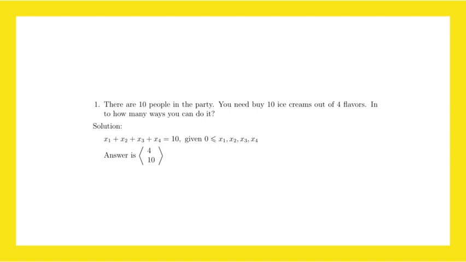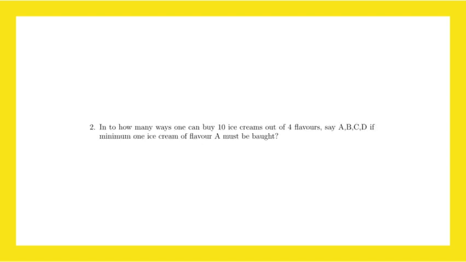Let us make the question a little more difficult. In how many ways can one buy 10 ice creams out of 4 flavors, say A, B, C, D, if a minimum of one ice cream of flavor A must be bought?